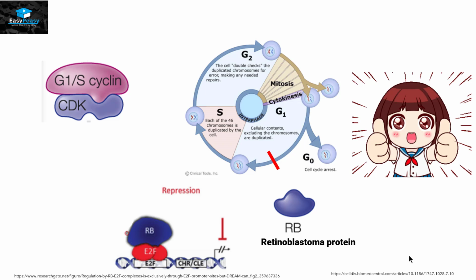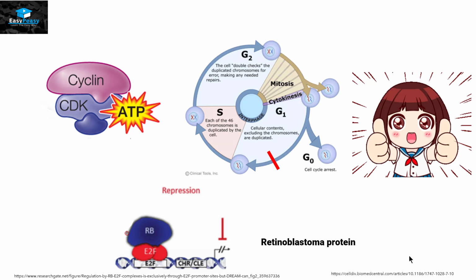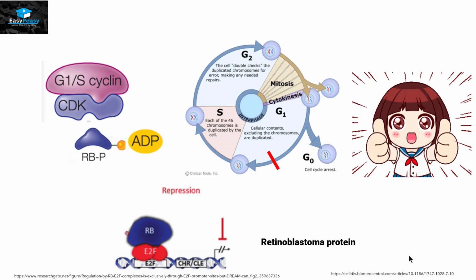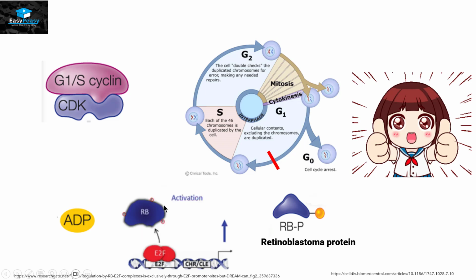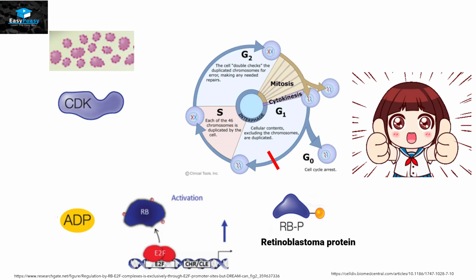The retinoblastoma with ATP attaches to the CDK enzyme, and the CDK attaches a phosphate group to the retinoblastoma. The phosphorylated retinoblastoma is not able to attach back to the E2F protein. That's how the cell cycle goes from the G1/S phase to S phase. Once it passes through this stage, the G1/S cyclin protein gets degraded like this.